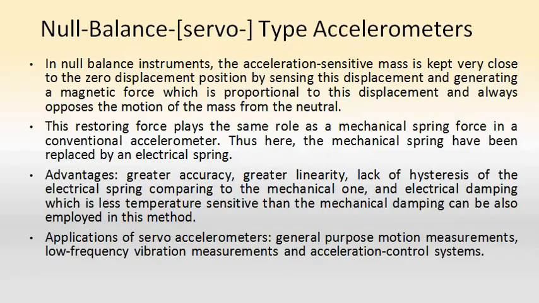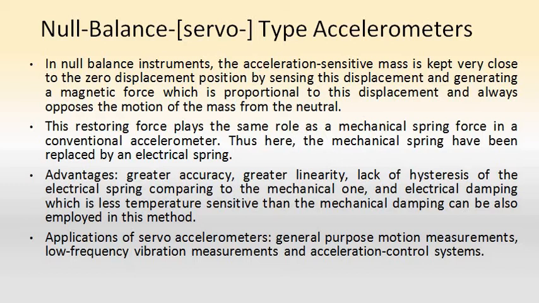Now let us move on to the null balance or servo type accelerometer. In the null balance instrument, the acceleration sensitive mass, or the measuring mass, is kept very close to the zero displacement position. There will be a position where there is no displacement, that is the null displacement or null balance position.